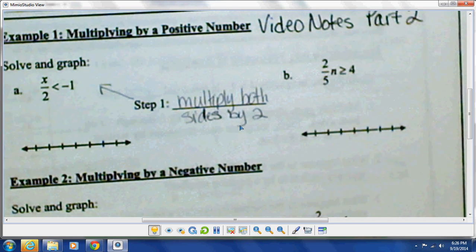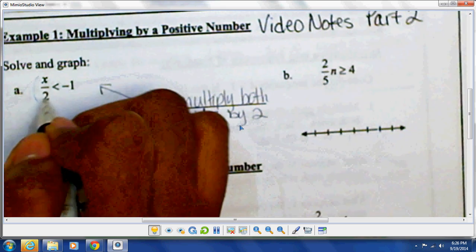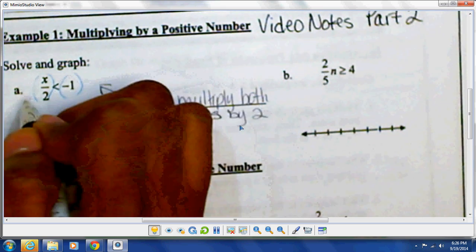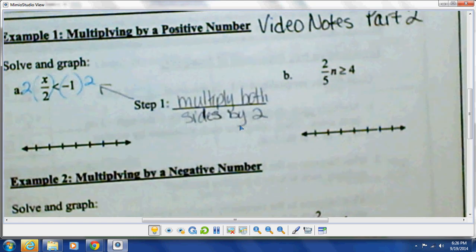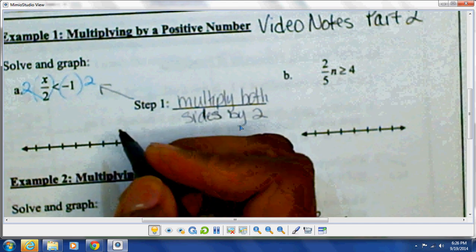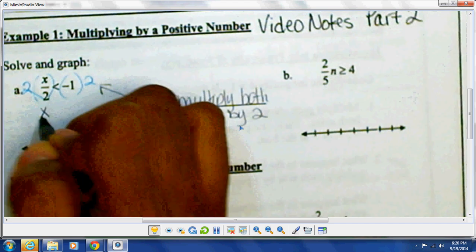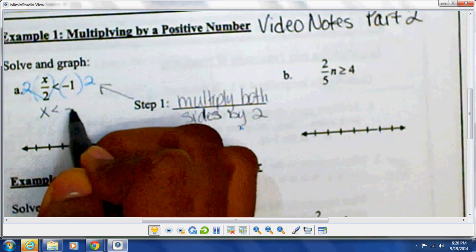Remember, we can put these in parentheses and we can put a 2 outside of it. That shows that we're multiplying both sides by 2. Now our 2's will cancel on the left side, leaving me with my variable isolated. So x is less than negative 2.